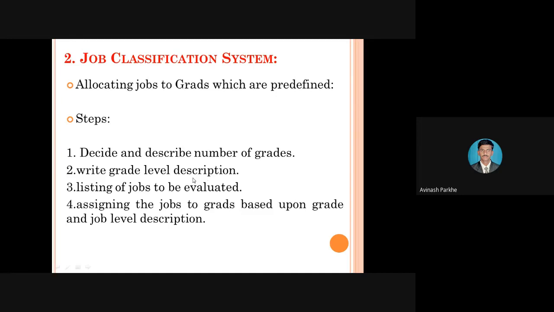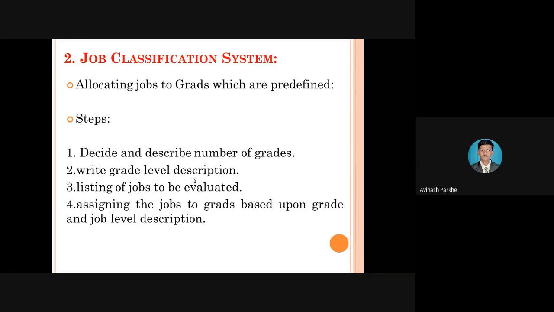Write the grade level description. So why have I given the A++ to the 100%? Because you have to write down the description: the job is satisfying all the conditions, it is working in an effective manner. Then A+, why 95%? The description: this is the job, the running speed of the job is not up to the mark, therefore the grade is given A+.